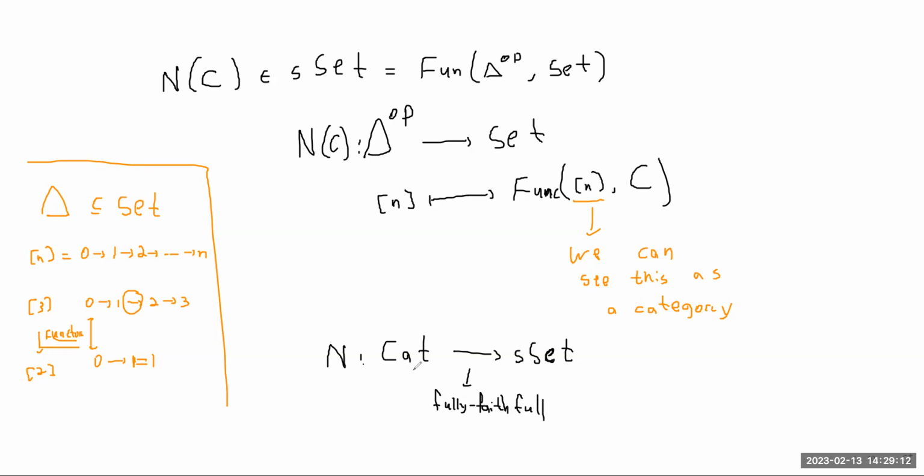That means that we can see categories as a subcategory of simplicial sets. And then by asking which kind of simplicial sets is a category, which kind of simplicial sets will be categories, there are some properties of the image of the nerve in simplicial sets, and this will help us to get two models of infinity category.